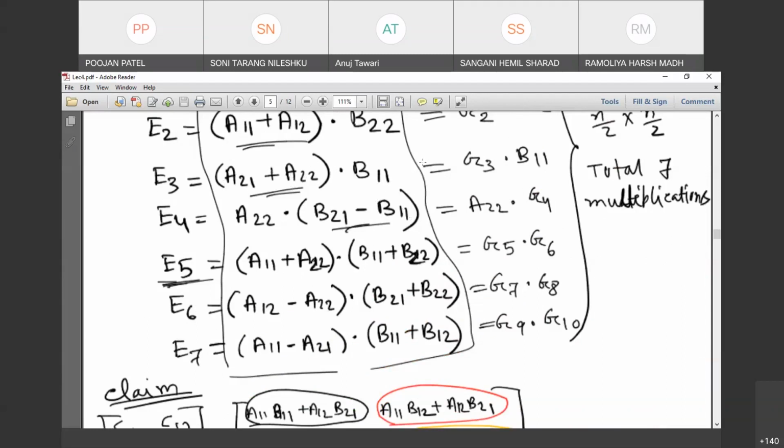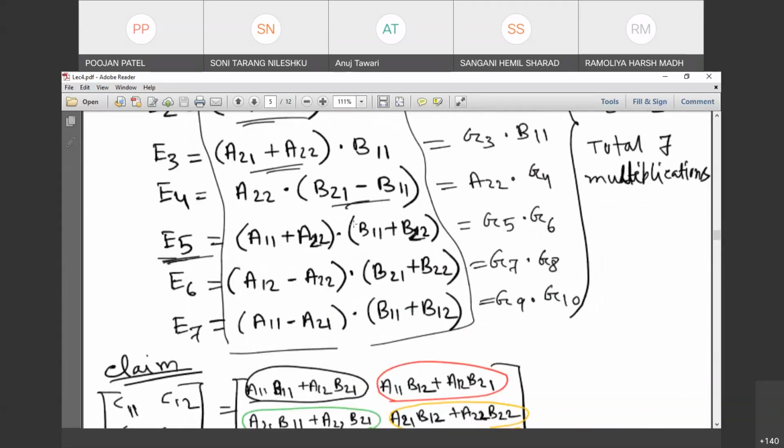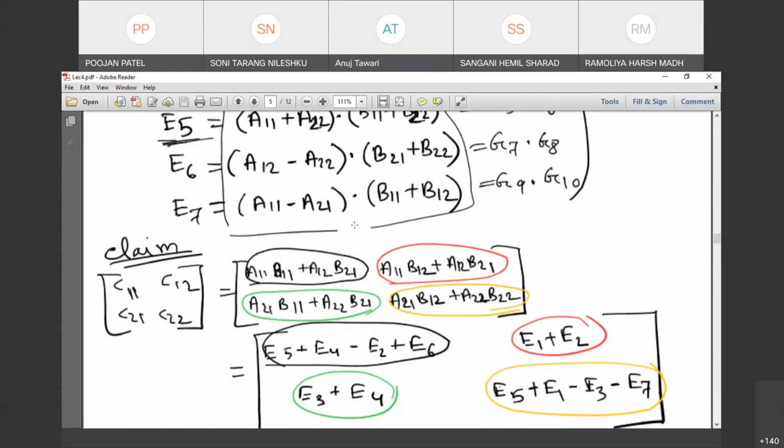So you get A21 B11 plus A22 into B21. Right? So this is fine. What about this computation? E5 plus E1 minus E3 minus E4.